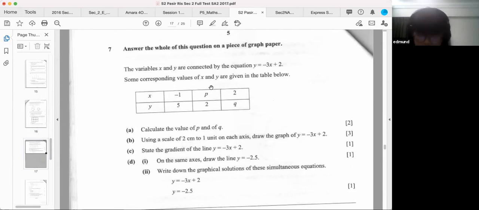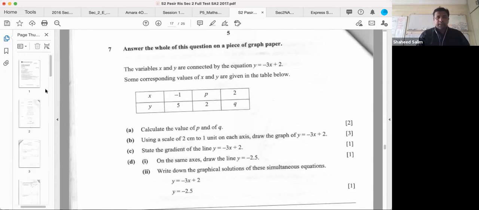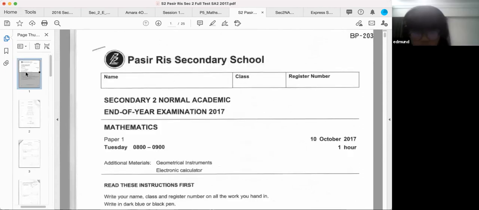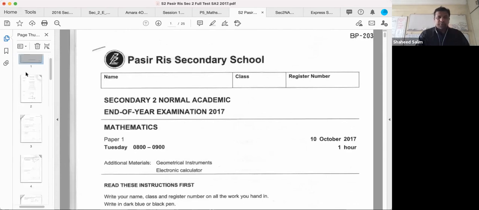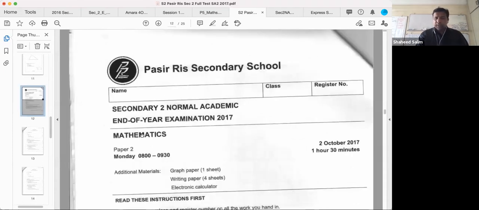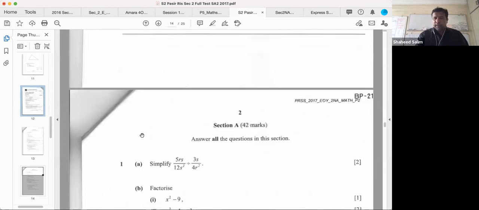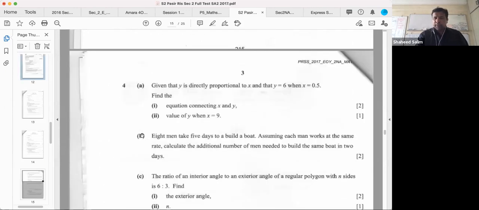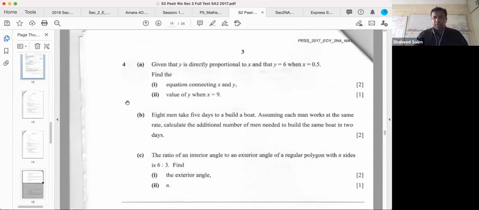What paper is that? This is a past year paper, the one we did yesterday, remember? Paper 2. We finished paper 1, then we are going through here, right? Paper 2. Did we start number 4?